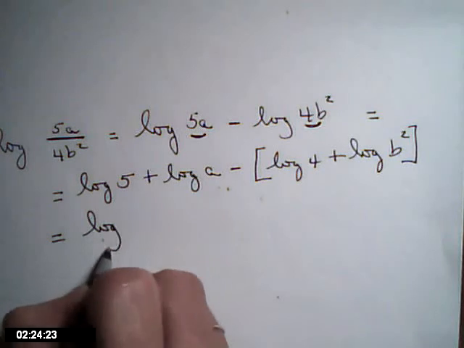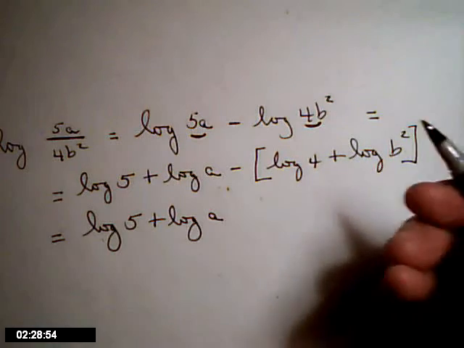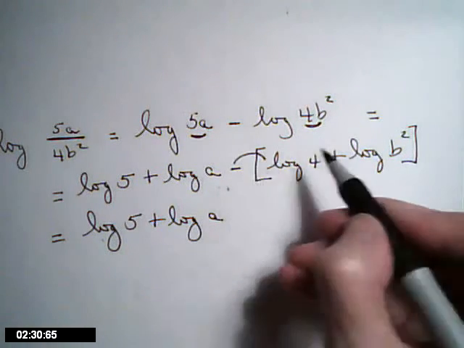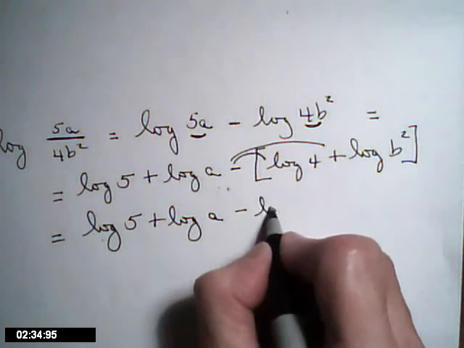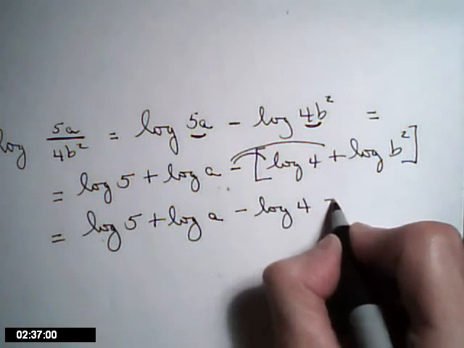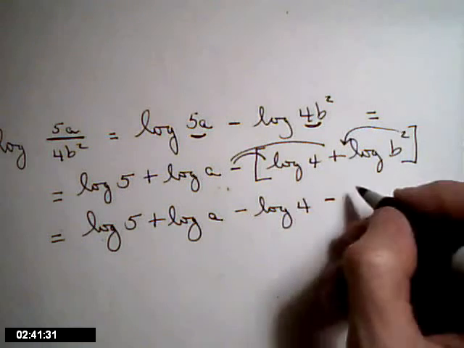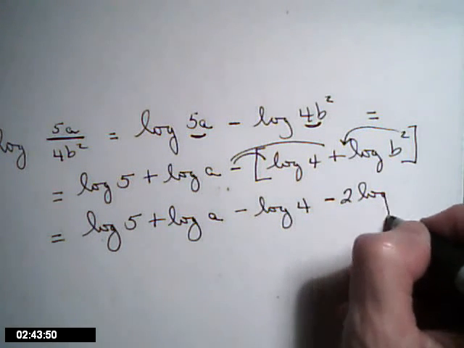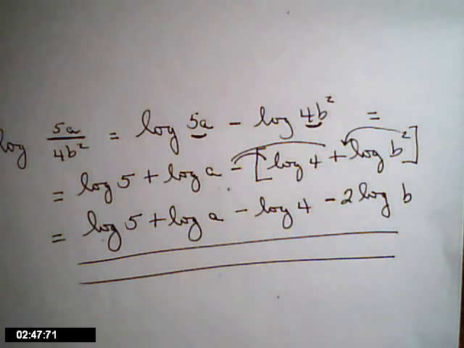I don't have anything else to simplify with the first two terms, so I'll write them down. But now here, this negative is going to distribute into both of these terms. So I'll have minus log 4 minus, and also this exponent 2 is going to come down as a coefficient, 2 log b. And that would be my final answer.